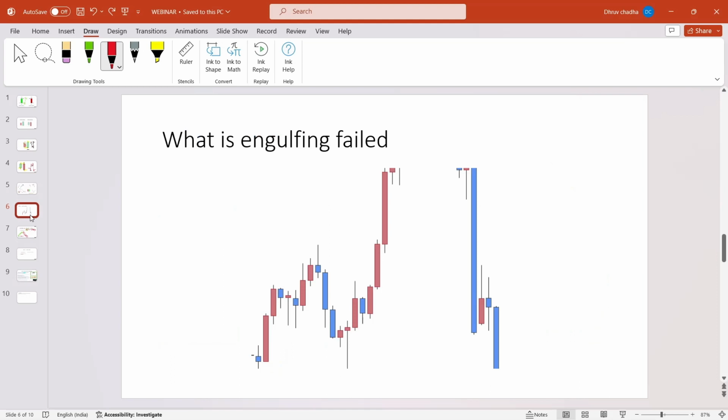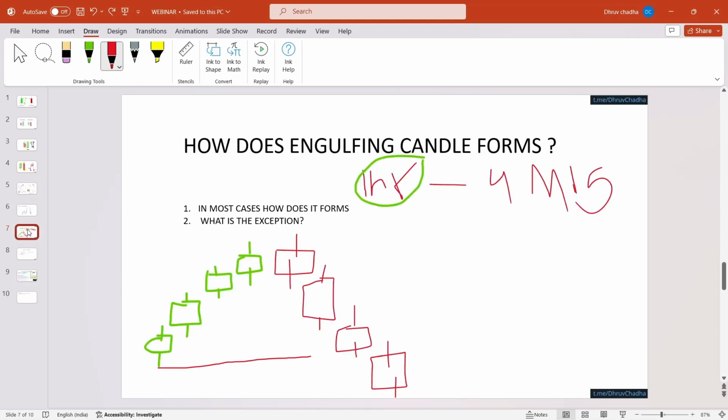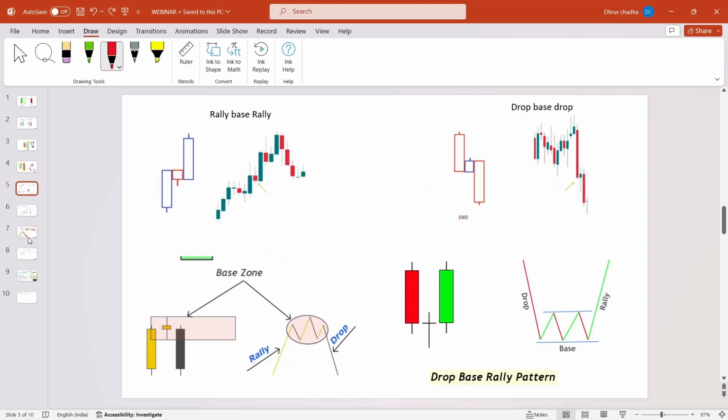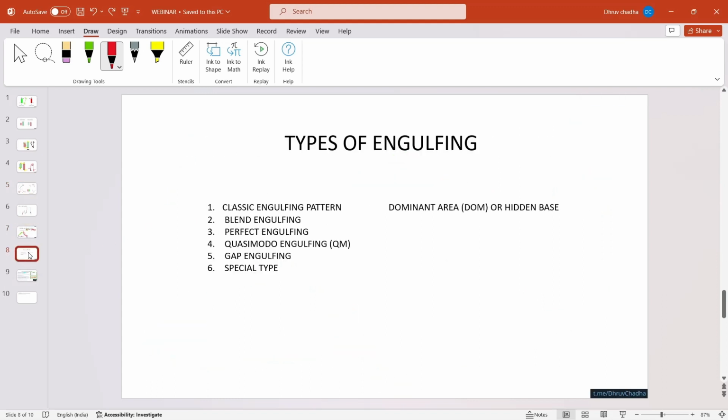Okay, what is engulfing fail? I hope you all understand this. How does an engulfing candle form up on lower time frame? I have covered the first scenario, which happens in most cases, and what is the exception. I hope you all understood what I have covered right now.